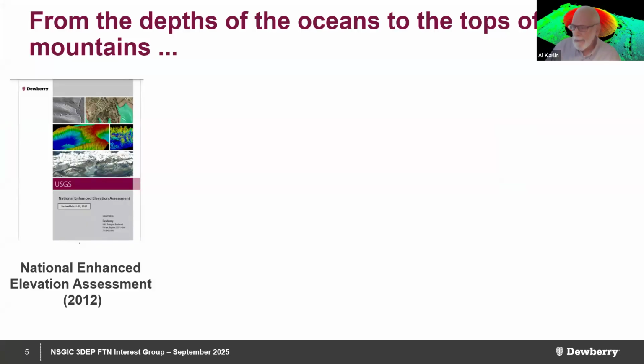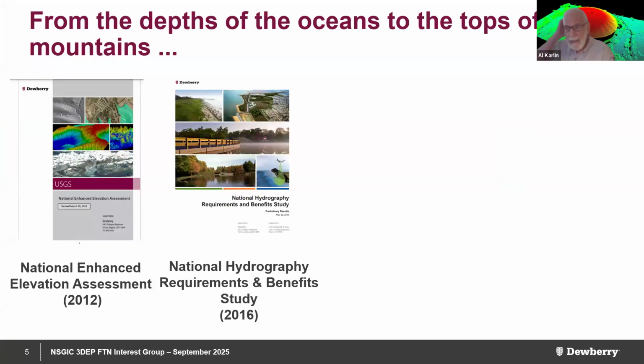As things would have it, in 2016, again, the USGS and NOAA contracted with Dewberry to do a national hydrography requirements and benefits study. And this study in 2016 led to some, I'm going to call them preliminary pilot programs for elevation-derived hydrography to replace the USGS blue lines that were on the quad maps.